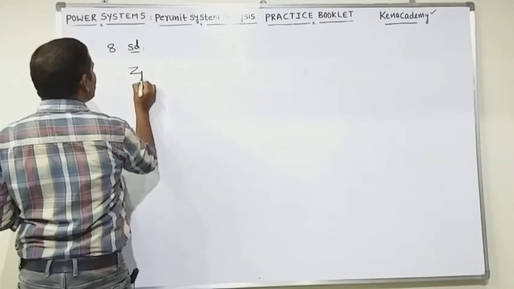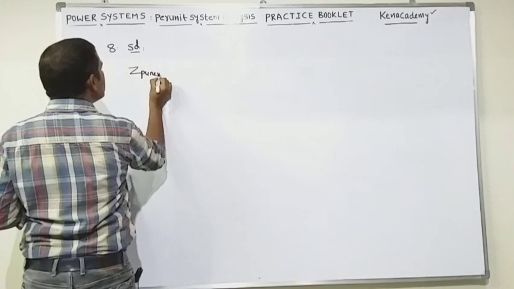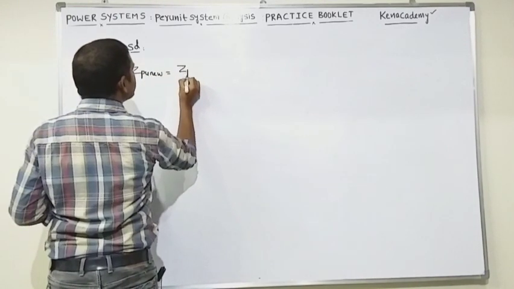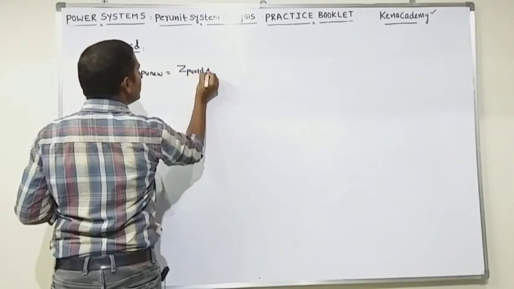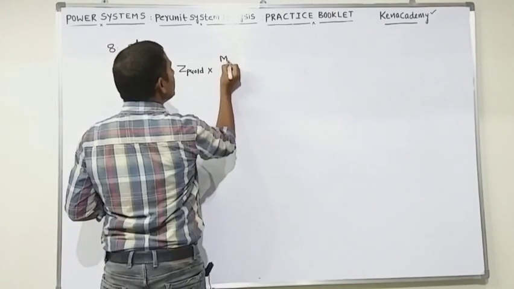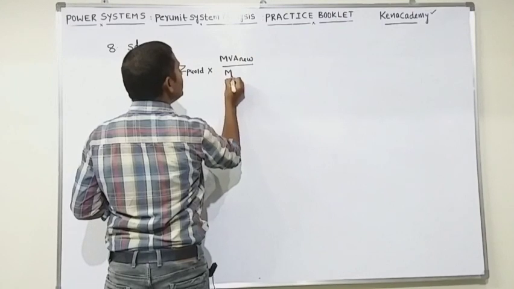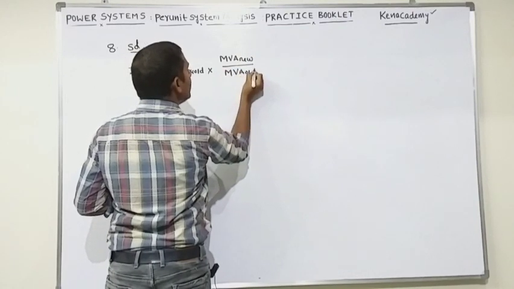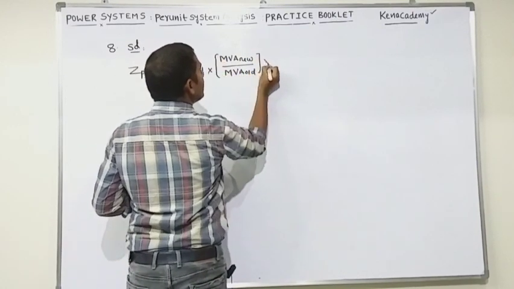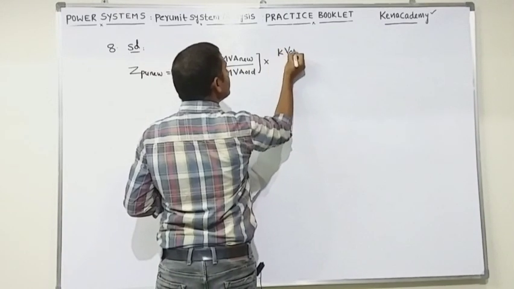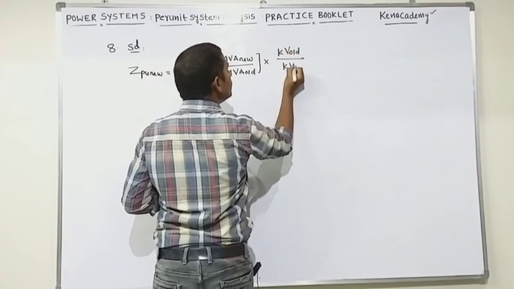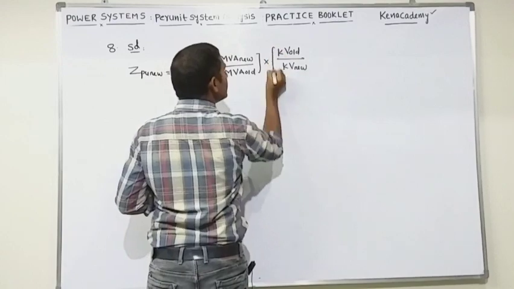Same formula: Z per unit new equals Z per unit old into MVA new by MVA old into KV old by KV new whole square.